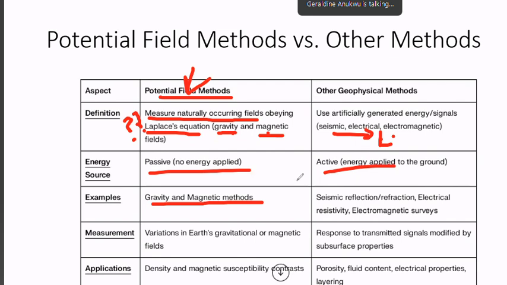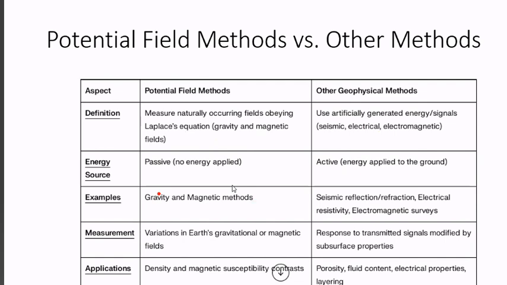All right, so we have the gravity and magnetic methods as classified here. Other methods apart from gravity and magnetic are not classified as potential field method. Another thing we need to note is their measurements. We measure the variation in Earth's gravitational or magnetic fields. For the other ones, we measure maybe transmitted signals or signals that generally, even if they are natural, do not obey the Laplace's equation.